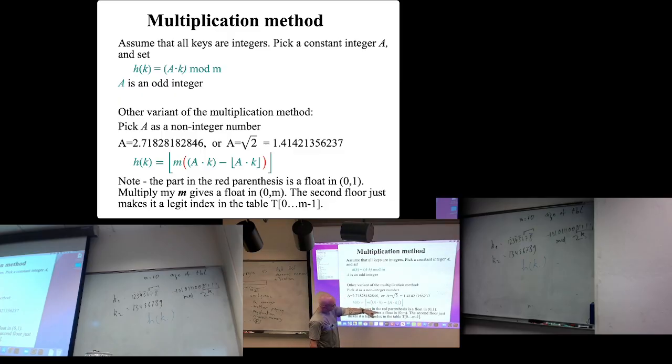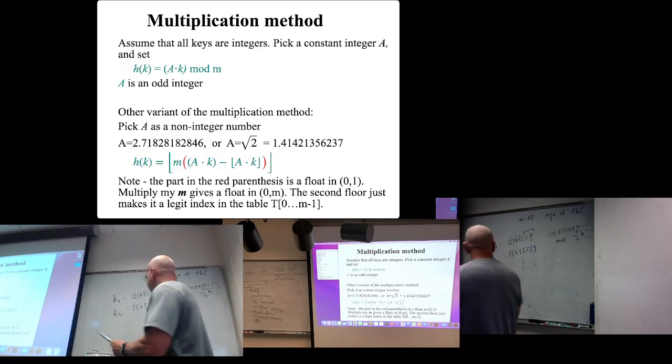Square root 2 is a good such constant. Now, what do I do? I take k and multiply it by a, this number that I keep in mind. Of course, I don't forget this number, because once I'm searching for a key, I'll use the very same hash function. I need to know what a is. Look at a times k minus floor of a times k. Let's take an example.